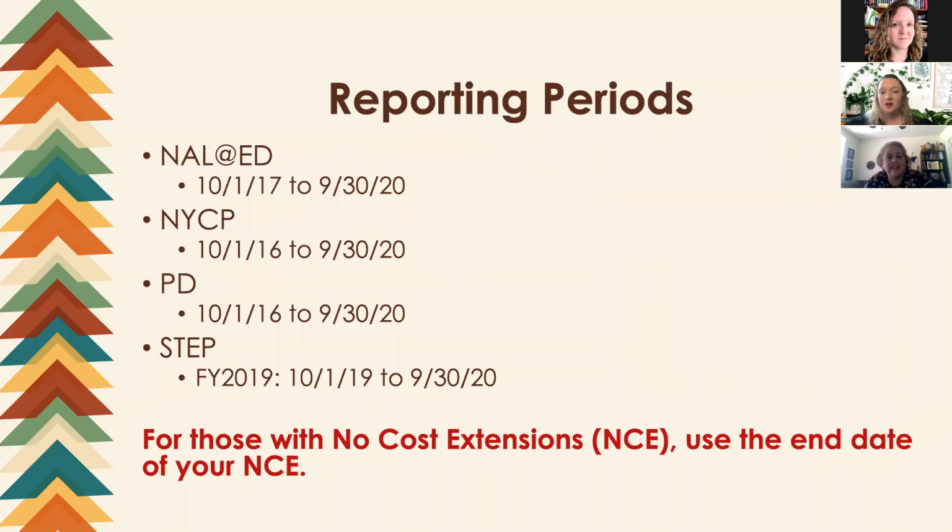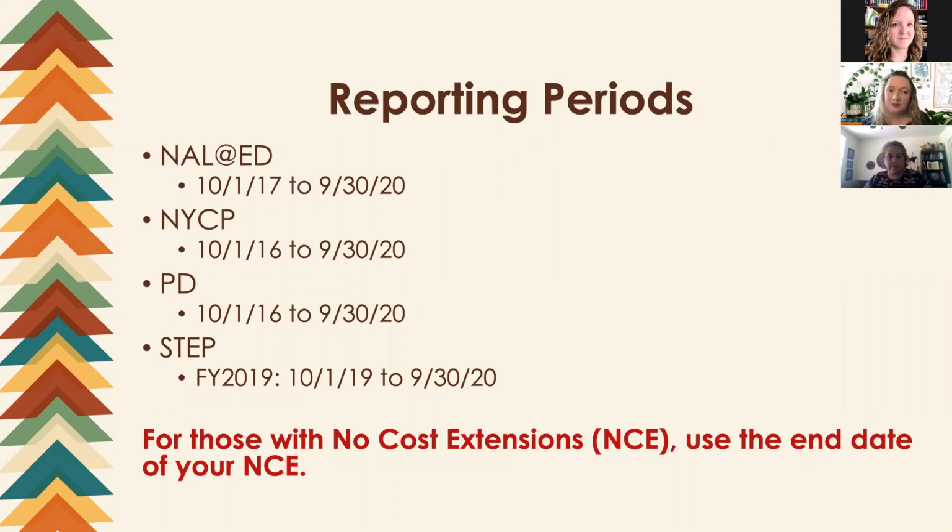All right, so there are folks on from all of our various discretionary grant programs today, and so some of you will have slightly different reporting periods that you're including on your final performance report than others. For NAL, it's October 1st, 2017 to September 30th, 2020, which is just your full grant period, every year of this grant award.